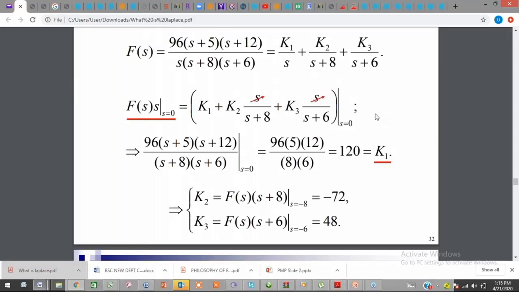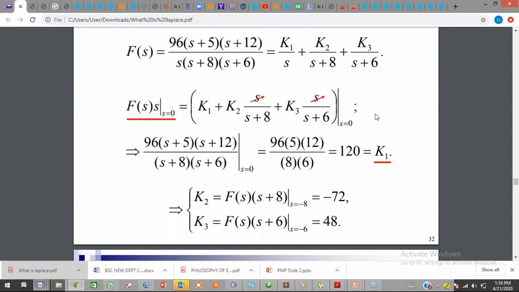Now if you look at this very well, when we go through it and take the limit of everything, we have k2 to be minus 72 and k3 equals 48. This continues.